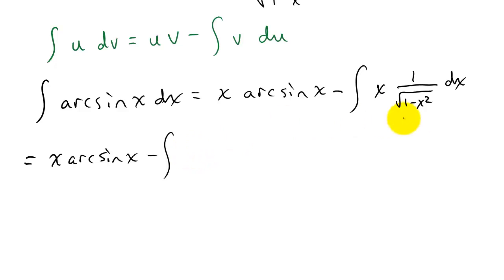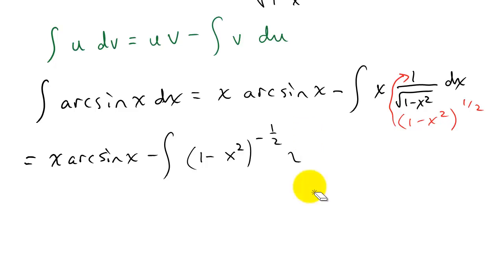Let's write it as, we're going to change this to 1 minus x squared to the 1/2, and when we move it from the denominator to the numerator, it'll change the sign of the exponent, and so that's going to be 1 minus x squared to the negative 1/2 times x dx.